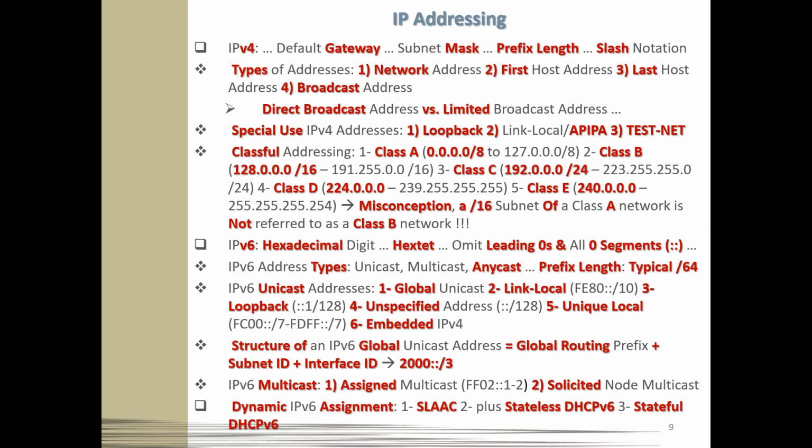So 110 from left indicates class C, 10 from left indicates class B, and first bit from left set to 0 indicates class A. We of course have two more classes, class D and class E. IP address belonging to class D are reserved for multicasting. This is important.